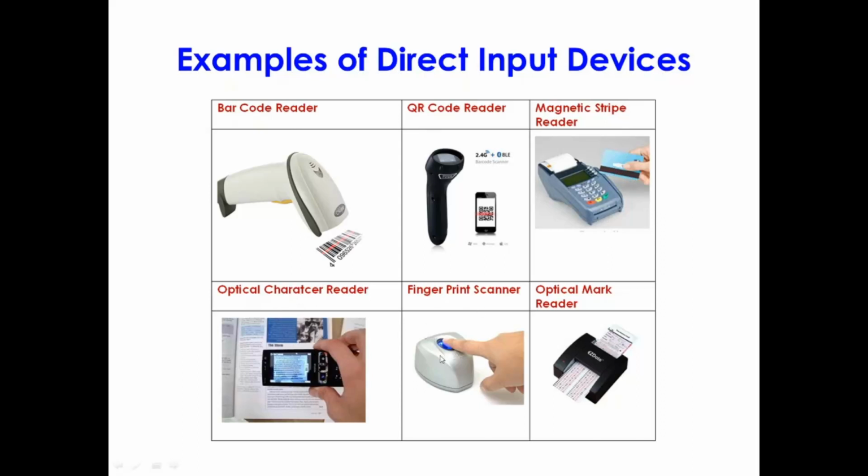Fingerprint scanner, and we have optical mark reader. So these are the input devices that are in the group of direct input devices, where the minimum work is involved by the people and most of the work is done by the machine.